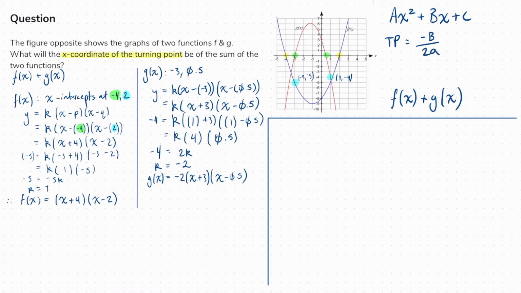So what is f of x? Well, f of x is equal to (x + 4)(x - 2), and then g of x, well, that was negative 2 (x + 3)(x - a half) this time. Okay, so having a look at this, I'm going to expand f of x first.